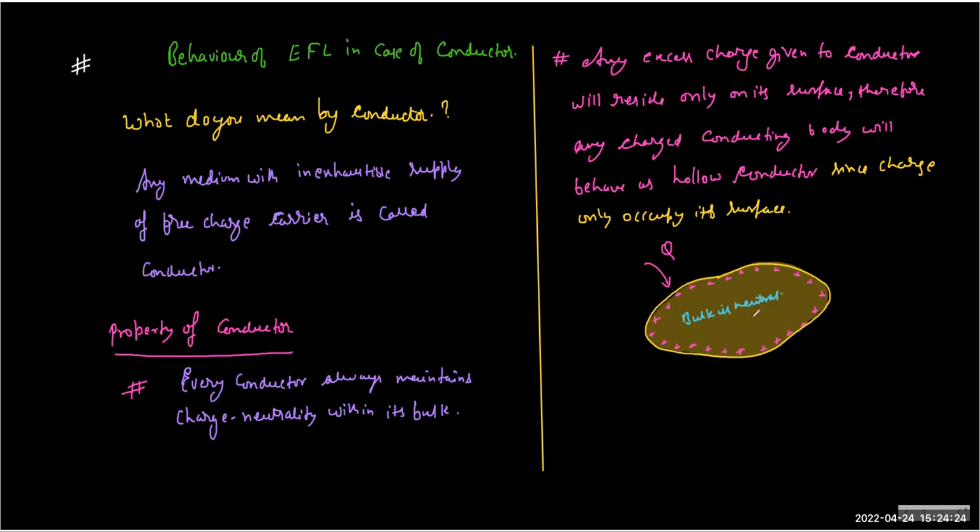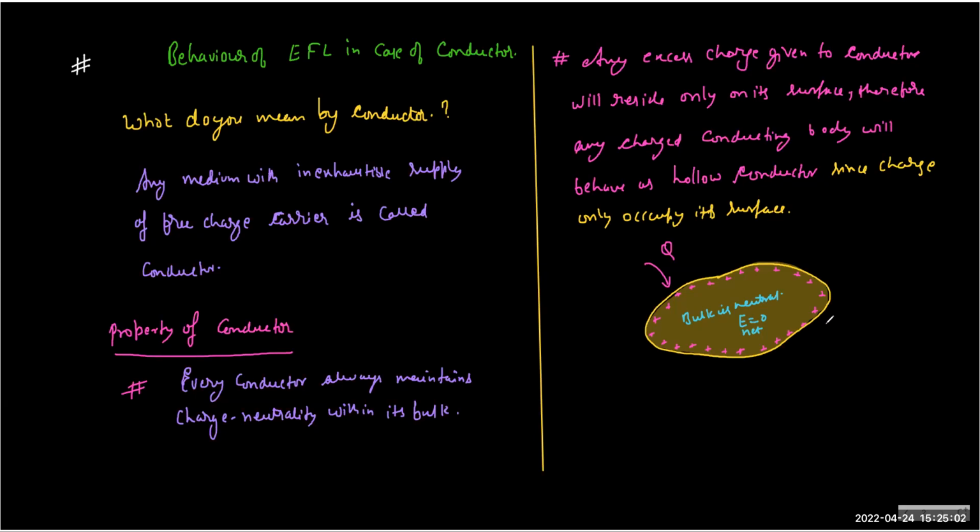And not just neutral, the bulk will have the net field equal to 0. It means if we have some field which we apply, and some field that we create by virtue of charge, the resultant field within the bulk of the conductor cannot exist, and it will always be 0. And that is the property of a conductor. No matter what you do, the bulk will never let the electric field develop.